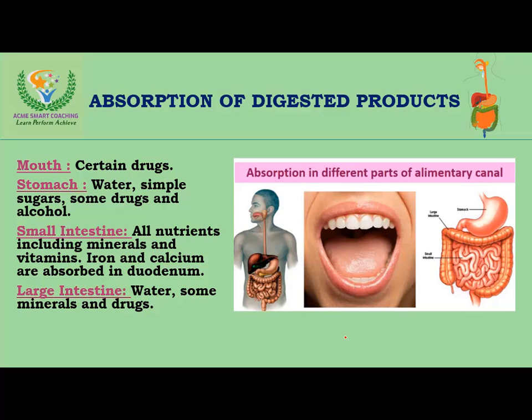Thus, in summary, the mouth is responsible for absorbing certain drugs, the stomach for absorbing water and simple sugars, some drugs and alcohol, and the small intestine for absorbing all nutrients including minerals and vitamins. The duodenum part of the small intestine is responsible for absorbing iron and calcium, and the large intestine absorbs water, some minerals and drugs.